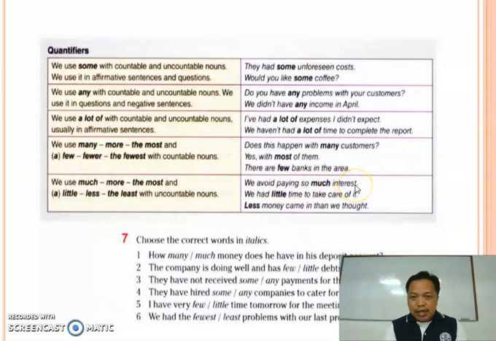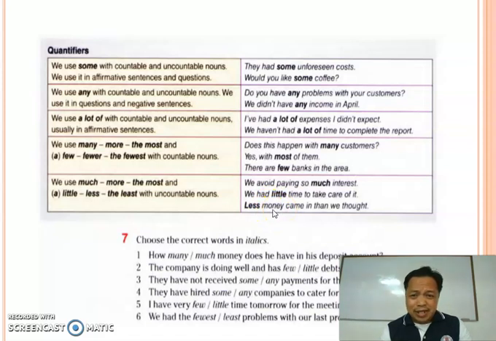So interest here is uncountable. We had little time to take care of it. So time in this sentence is uncountable. Less money, again, came in than we thought. So money here is uncountable, although yeah, it's confusing.